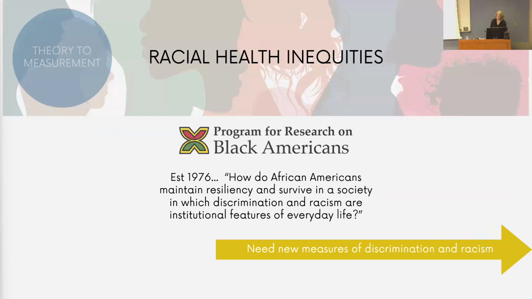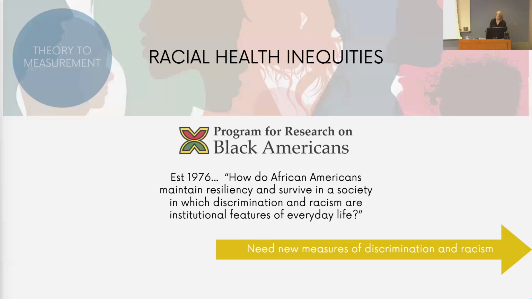So I'm going to start with a core example that illustrates these components really well. The study of racial health inequities at ISR across the years. About 25 years into ISR's history, the Program for Research on Black Americans folks at the Research Center for Group Dynamics launched some field-changing work in measurement and data collection based on their focused attention to the conditions of living for Black Americans.